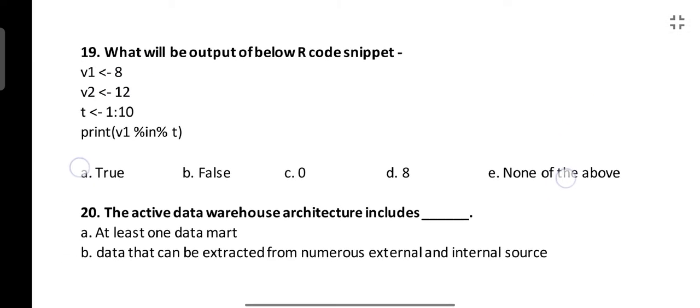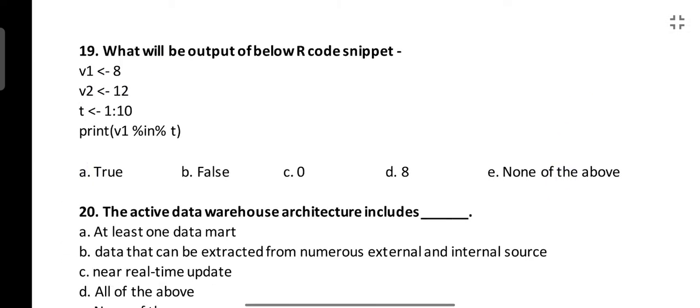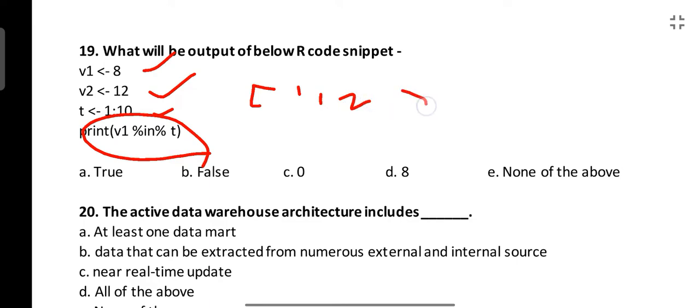Next is, what will be the output of the below R code? V1 has value 8, V2 has value 12, T is 1 colon 10. So V1 %in% T. What does this do? T has values 1, 2, 3 till 10, and it will check whether the value in V1 is present in T or not.